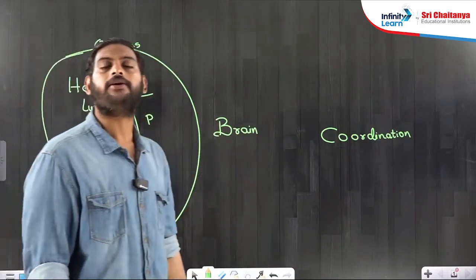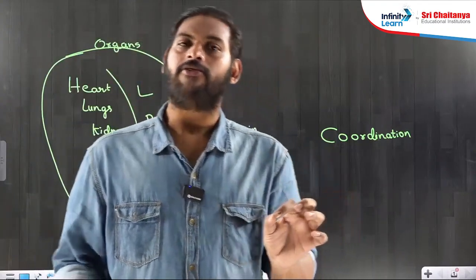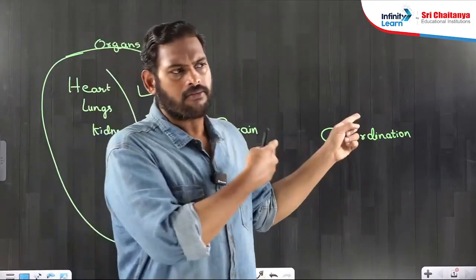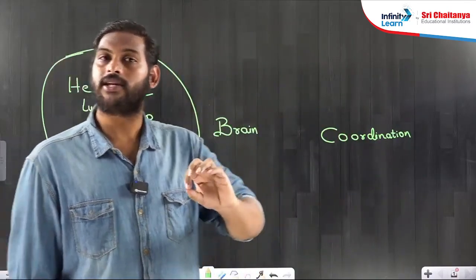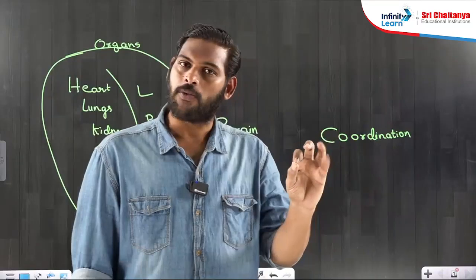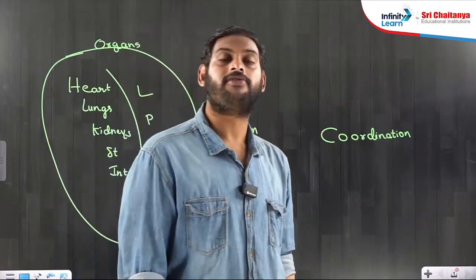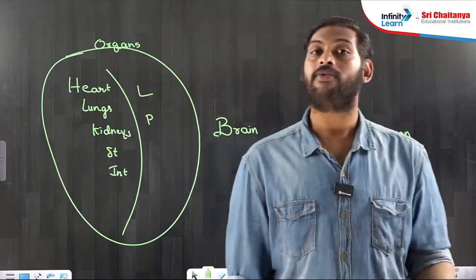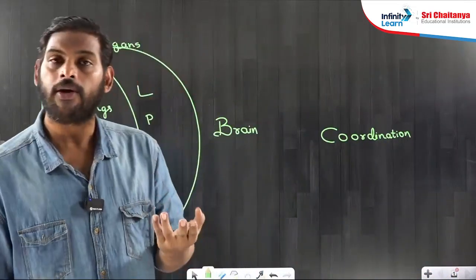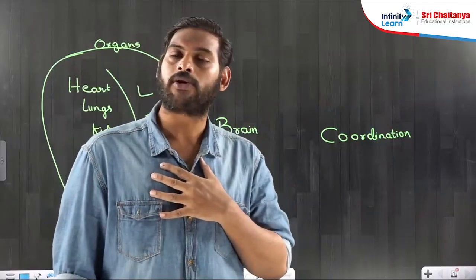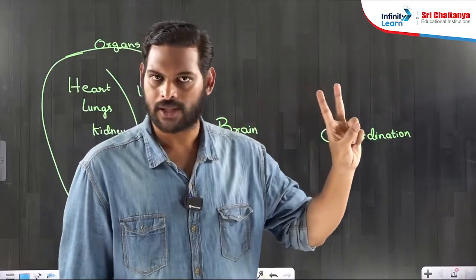More than 95% of your body's coordination activities will be controlled by the brain. If any organ is not listening to the brain, not responding to neurons, still there is a way to communicate with such organs also. As I told you earlier, your body has two types of communication, wired and wireless.